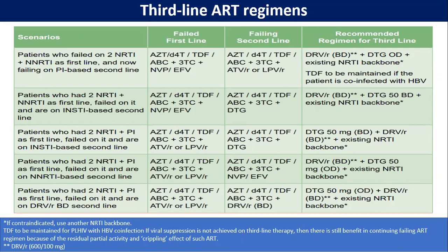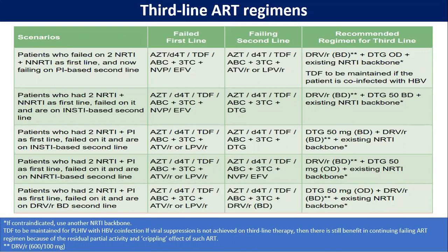Now they are failing on the second line. So DTG would be 50 milligram BD because the patient has already experienced DTG in the second line, which the patient has already failed. And darunavir-ritonavir, to which the patient was not exposed, is given as BD dose. The existing NRTI backbone to be continued. And if the patient has hepatitis B, then tenofovir needs to be continued here also.